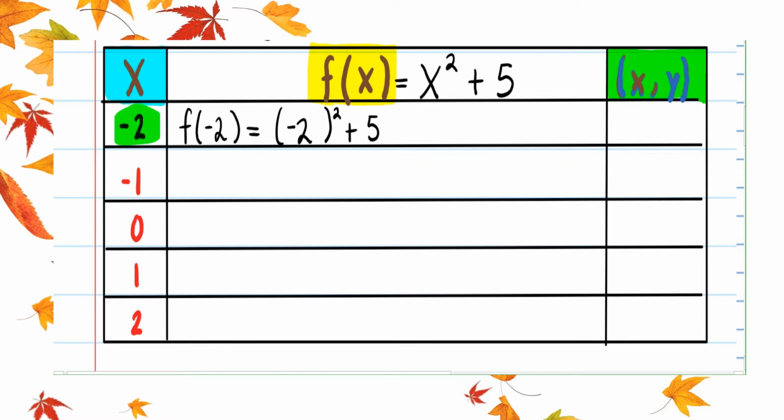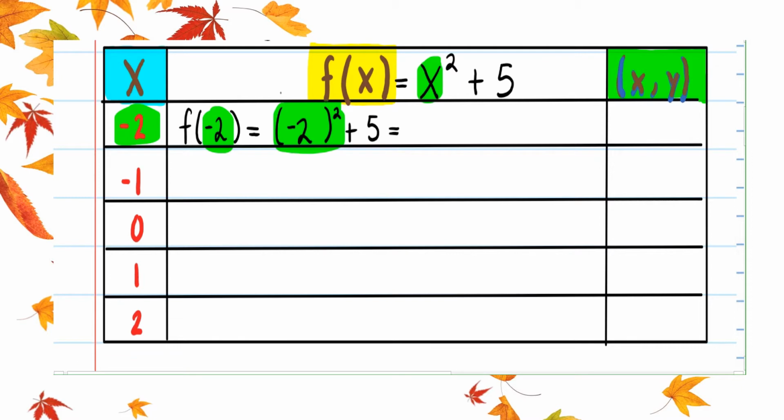So I'm just copying everything in my equation. The only thing I'm changing is instead of x, I'm going to be using -2. F of x, -2 there, that's just part of the notation. We don't do anything with the f and the -2. What we solve is what's on the right side of the equation.